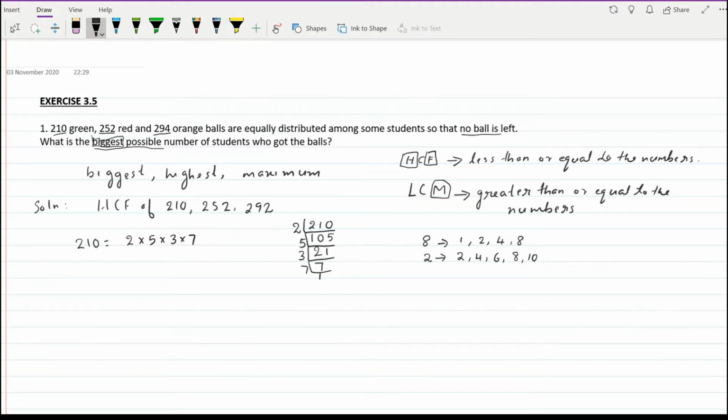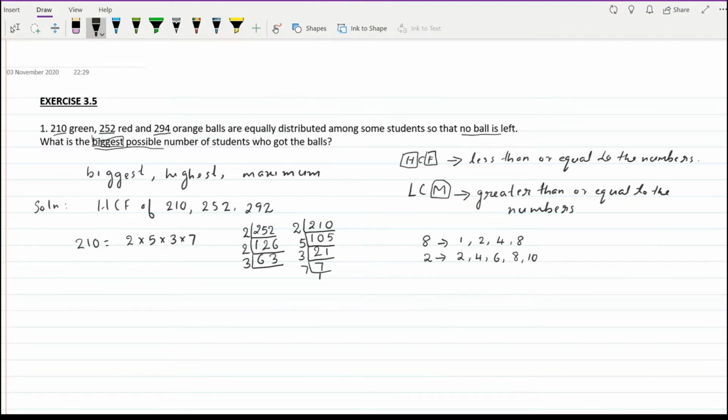Now next we have to go through 252. So I am doing here 252 prime factorization. 2 table, 2 ones are 2, 2 twos are 4 and 2 sixes are 12. So 2 sixes are 12 and 2 threes are 6, 63. Now again 3 table we can, because 3 plus 6 is 9.